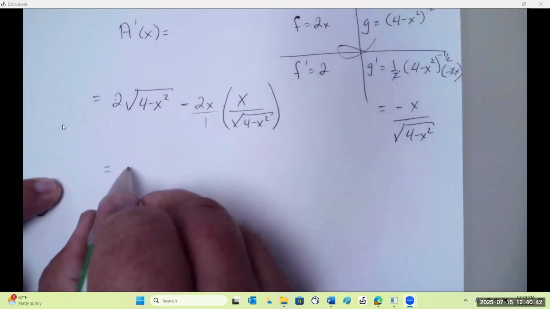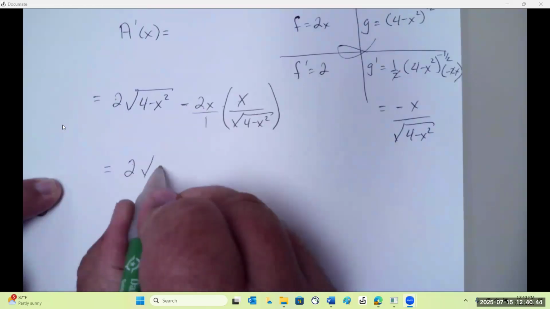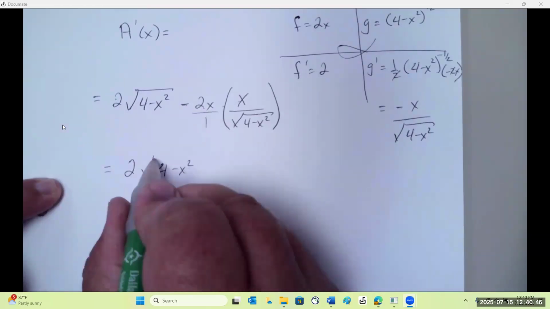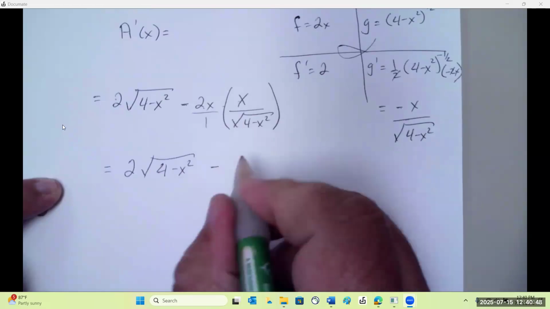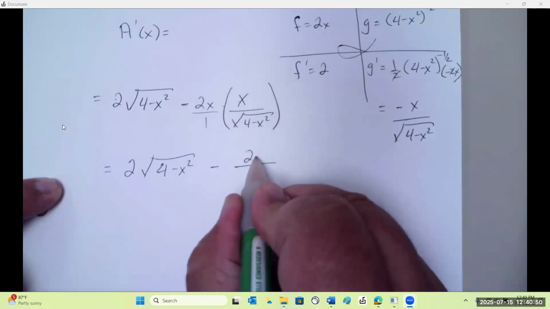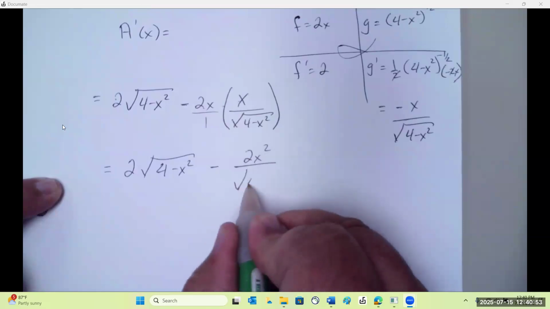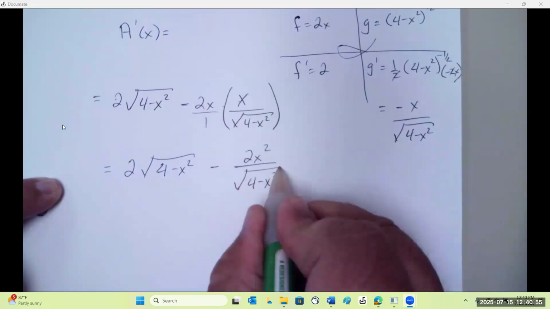So 2x times x, so we have 2 times (4 minus x squared) minus 2x squared over 4 minus x squared.